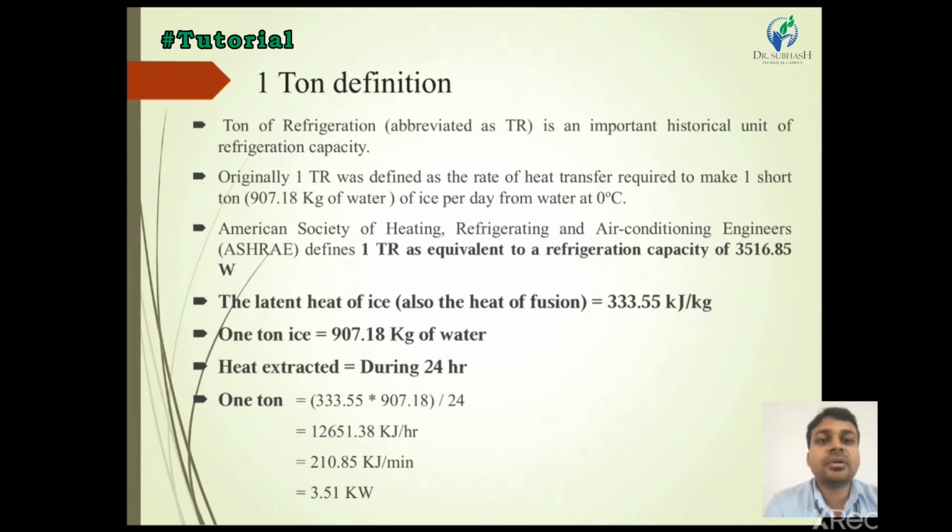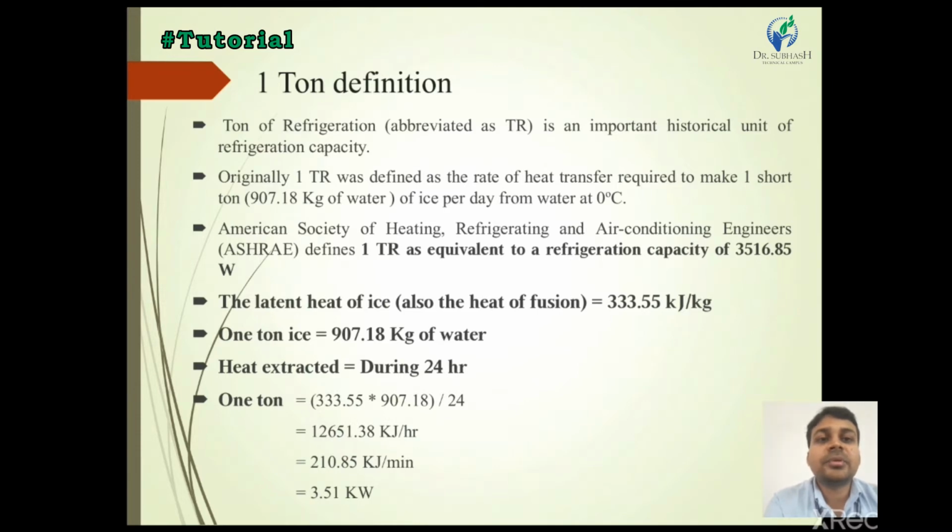For another equation of 1 ton, the latent heat of ice times 1000 kg of water divided by the 24-hour duration in a day gives 12651.38 kilojoules per hour. We divide it by 60, so the unit becomes kilojoules per minute, 210.85.